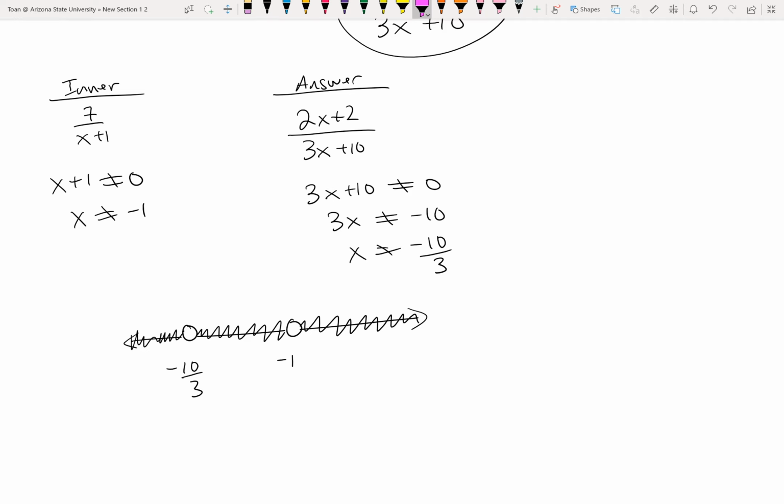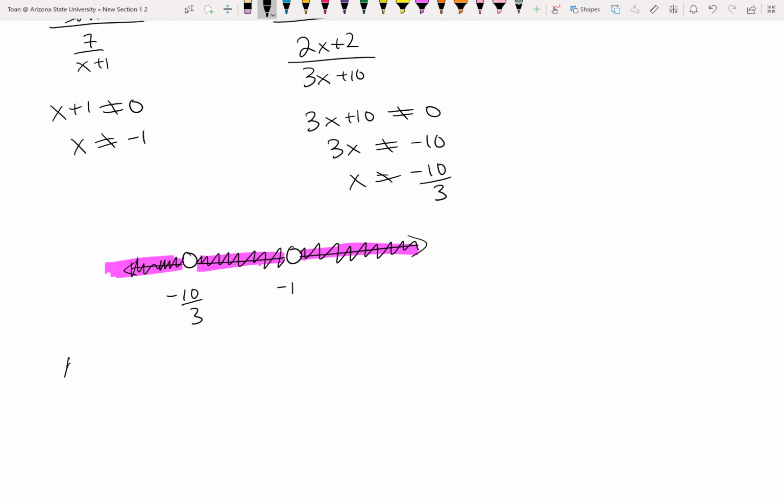So once more, our domain will consist of 3 pieces. This left piece, this middle piece, this right piece. We just have to write it in interval notation. So our domain is -infinity, comma, -10/3, union, -10/3, comma, -1, union, -1, comma, infinity.